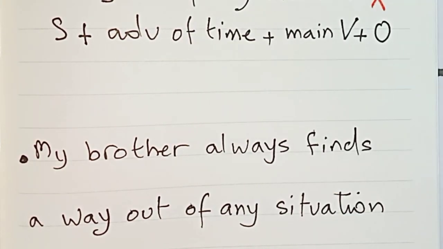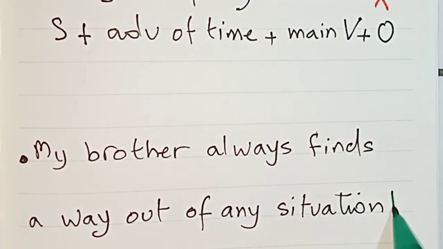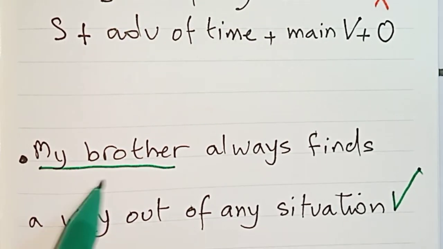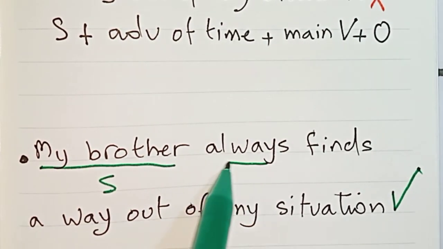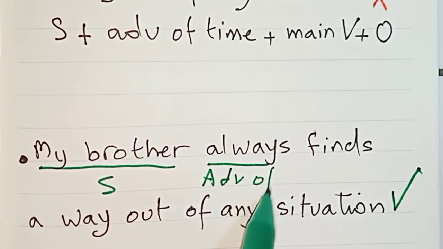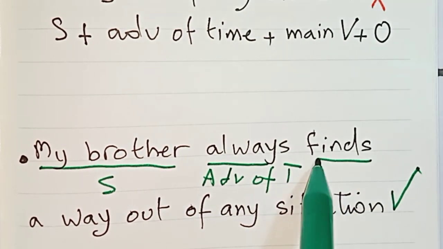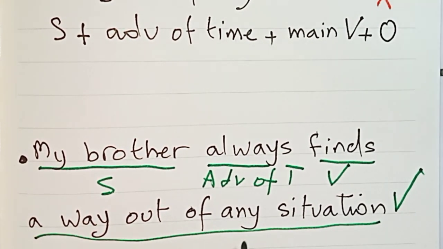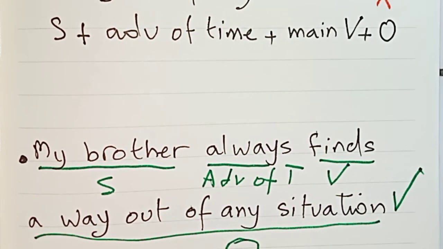This is correct. This is the right structure. Subject, the adverb of time, the main verb, and this is the object.